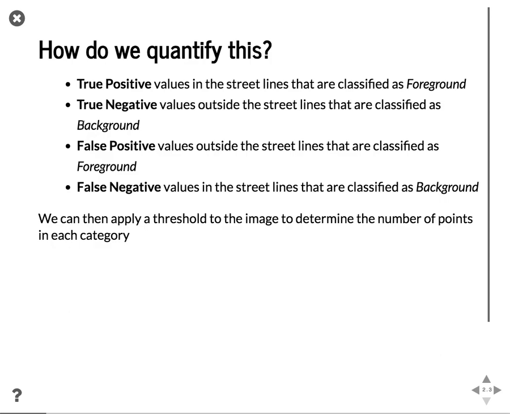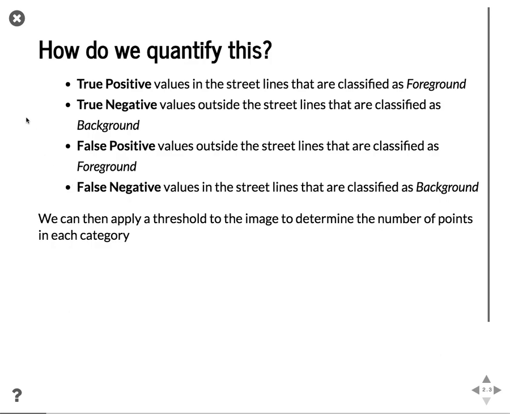True negatives are things that are not supposed to be straight lines that you called background. False positives are where it's outside the straight lines, but your algorithm classified it as foreground anyway. And false negatives are values that are in the straight lines that are classified as background. All of these terms, of course, apply to medical problems, and to credit card transactions. Anytime you're making a decision, you really end up with this schema.